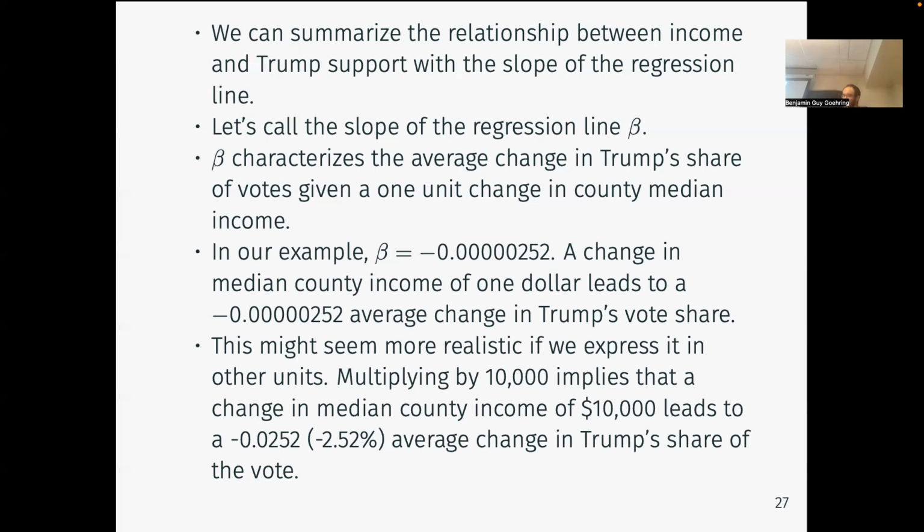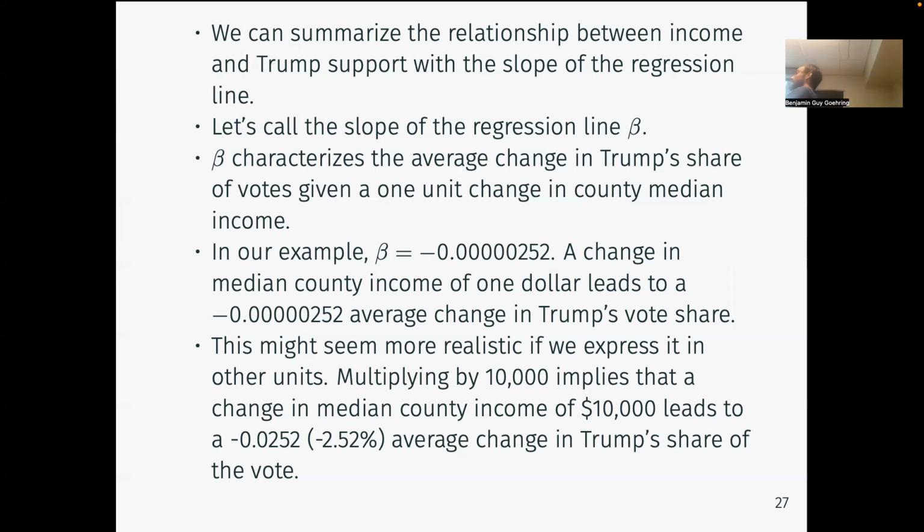So it gets a lot more realistic if we change our unit from $1 to $10,000. This is a bit more real world. Now if we multiply by 10,000, our beta becomes, let's just say, minus 0.03, which is saying that on average, if you increase county income by $10,000, Trump's share of the vote decreases by 3%, right?